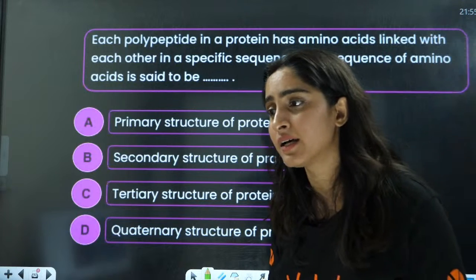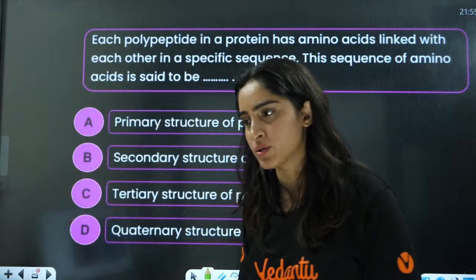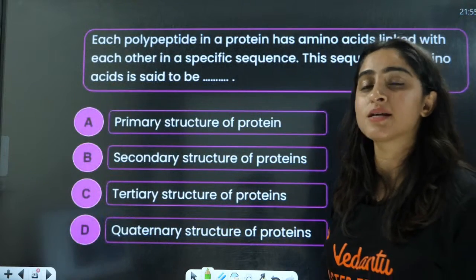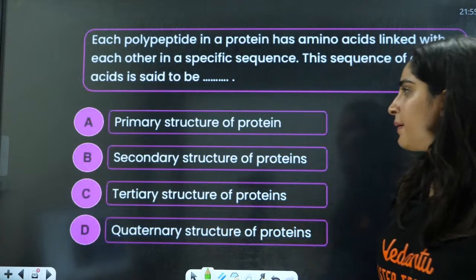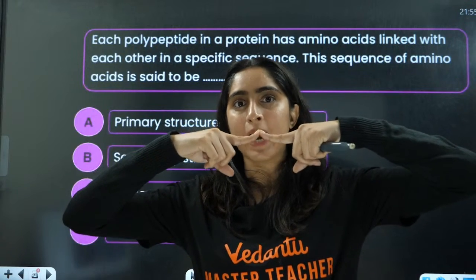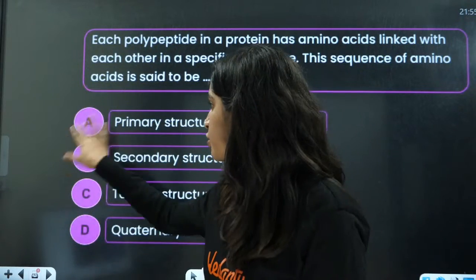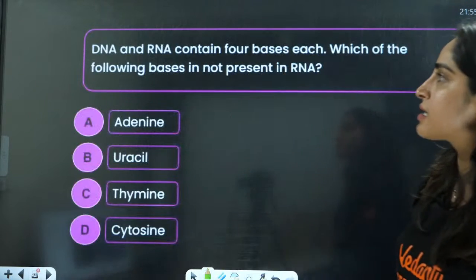Which structure is that? Yes, fructose is present in furanose form. Amino acids are connected to each other with peptide bonds. That is the primary structure, not the quaternary structure.